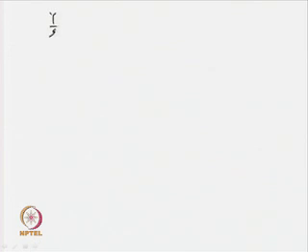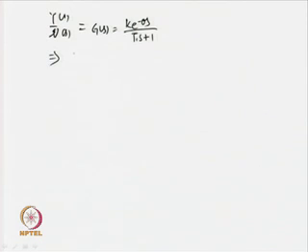Now, the system dynamics is given by Y(s)/U(s) = G(s) = K e^(-θs)/(T1 s + 1), which can ultimately be written in the form of Y(s)(T1 s + 1) = K e^(-θs) U(s).